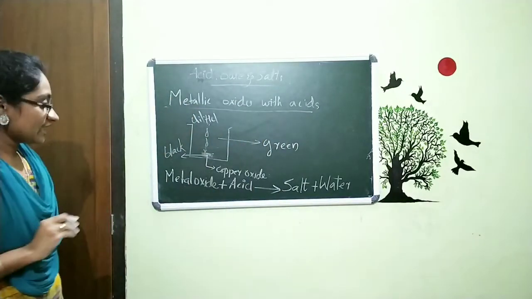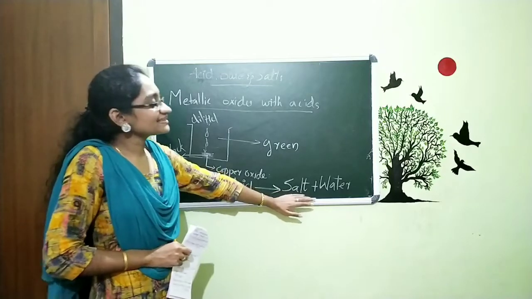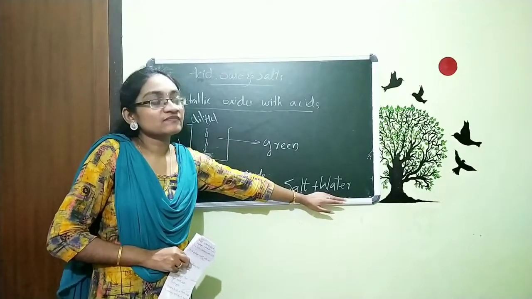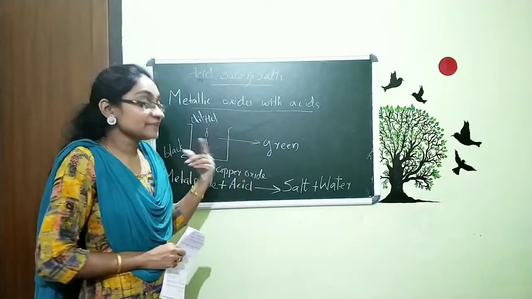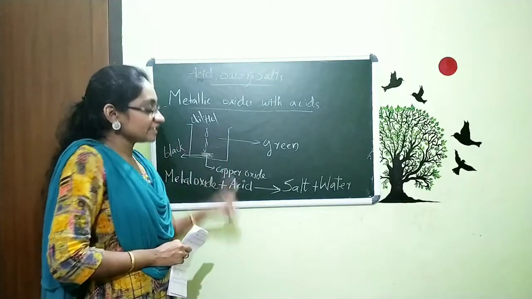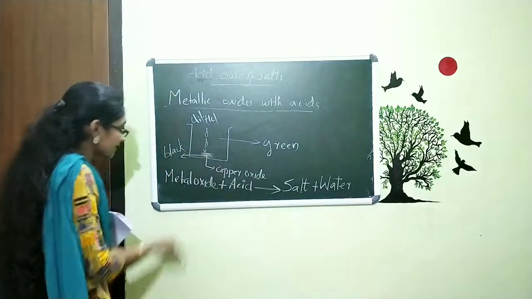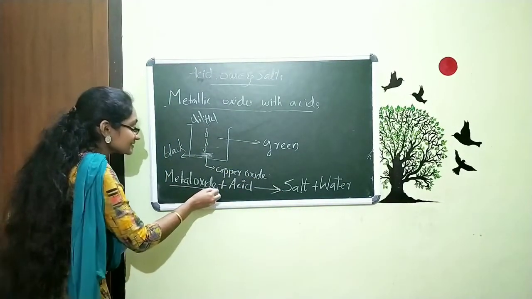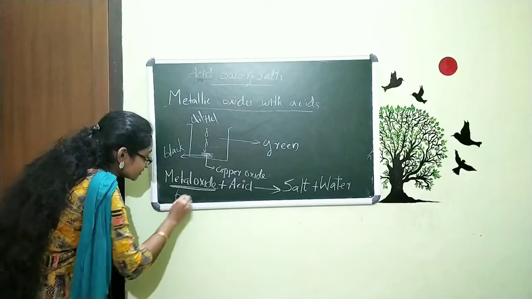Now observe, I will show you something interesting. Where do we get this salt and water as products? In what we studied in neutralization. When acid and base react together, we get salt and water. So actually, metal oxide is something which has a basic nature.